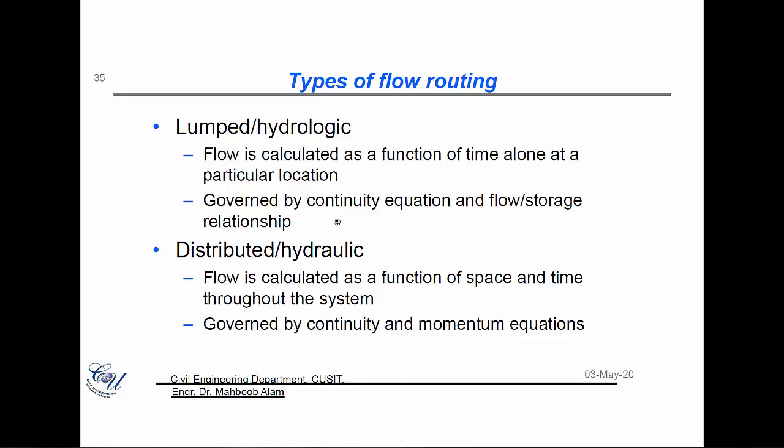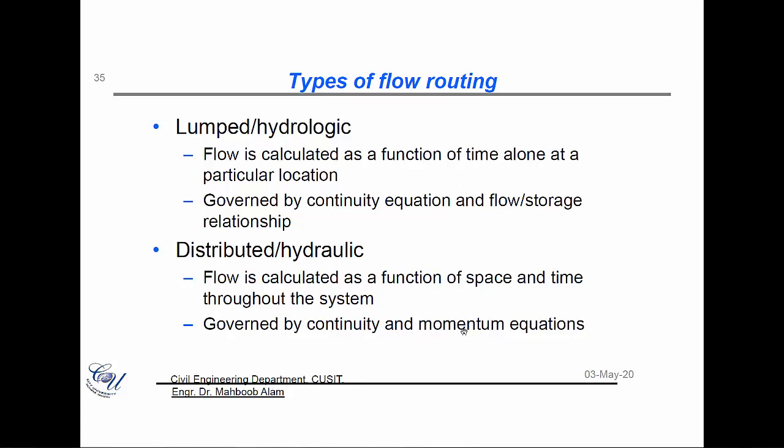The two important inputs we need in order to calculate hydrologic routing are the continuity equation, which has to be available, and also the flow storage relationship. We'll see how this flow storage relationship is used. Another one is hydraulic routing. This is also called distributed routing, and in addition to the continuity equation, it also uses the momentum equation.